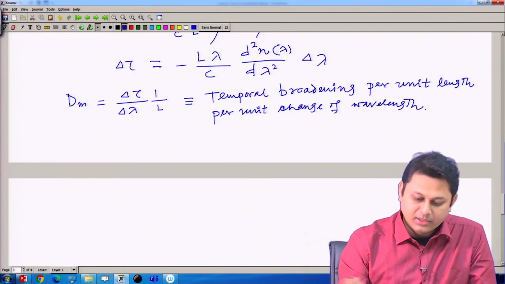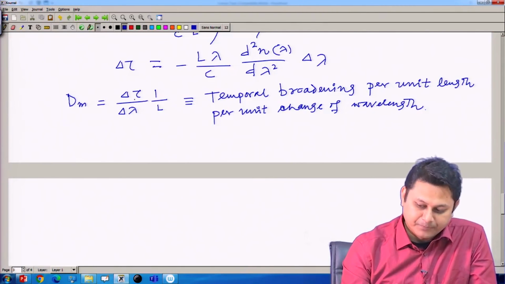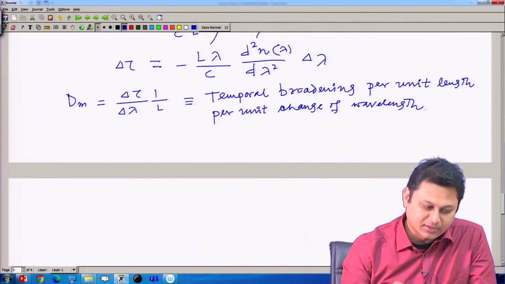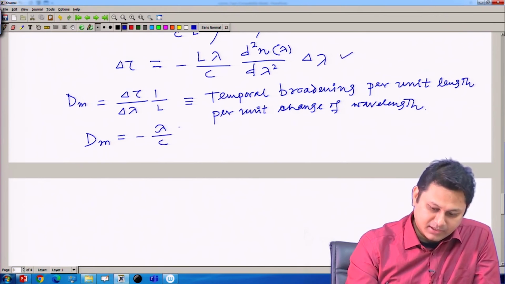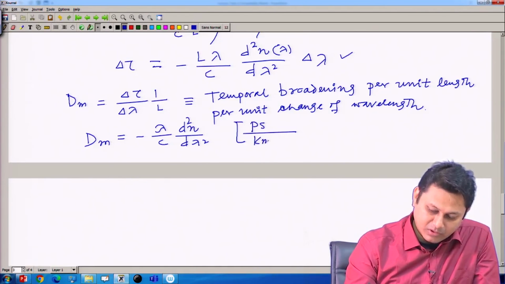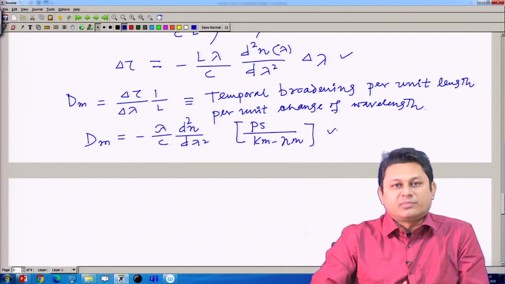By definition, this is the temporal broadening happening per unit length, 1 by L, and per unit change of wavelength, delta tau. This quantity we call the dispersion coefficient. D is eventually minus of lambda divided by c, d2n d lambda square, and in unit it should be picosecond per kilometer nanometer. This is a very important parameter which we call the dispersion parameter.